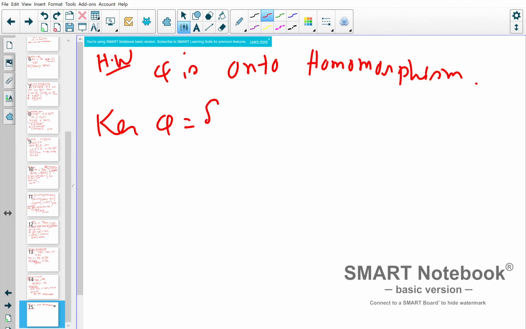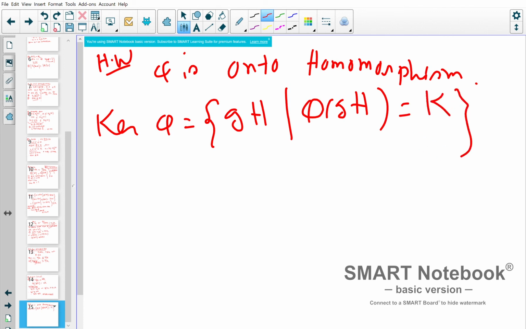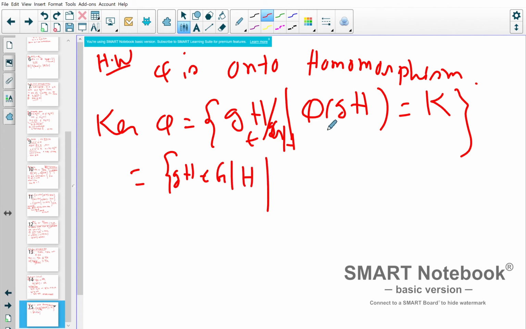By definition this is the set of elements of the form GH such that phi of GH is the identity. So the identity of G mod K is nothing but K, right? Now you can write down elements of G mod H. GH belongs to G mod H, right? What is this?